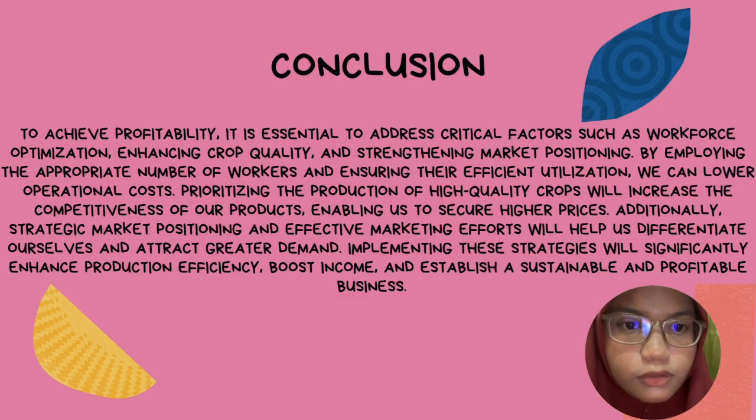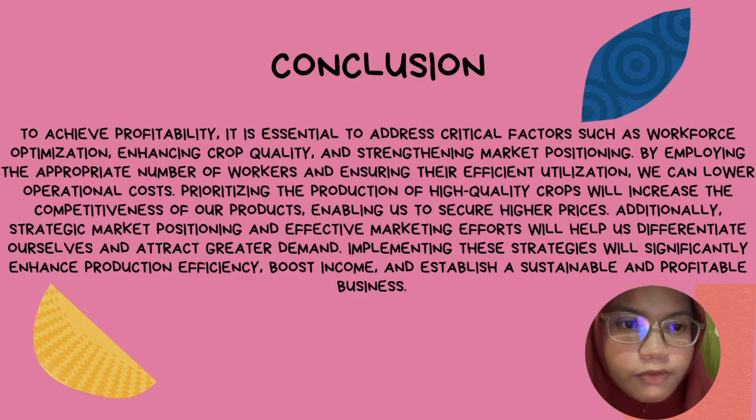In conclusion, to achieve profitability, it is essential to address critical factors such as workforce optimization, enhancing crop quality, and strengthening market positioning. By employing the appropriate number of workers and ensuring their efficient utilization, we can lower operational costs.